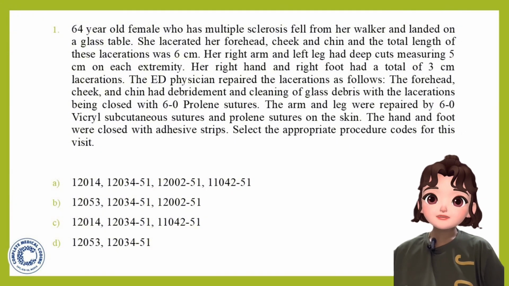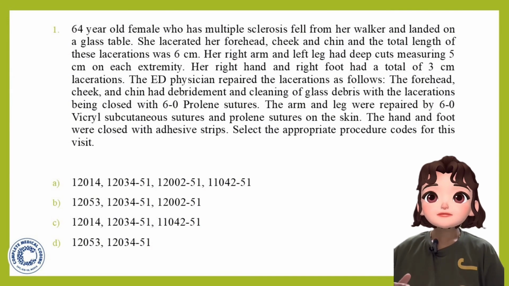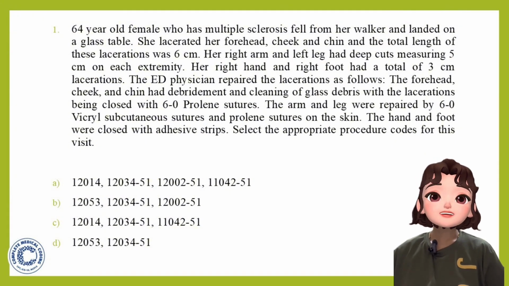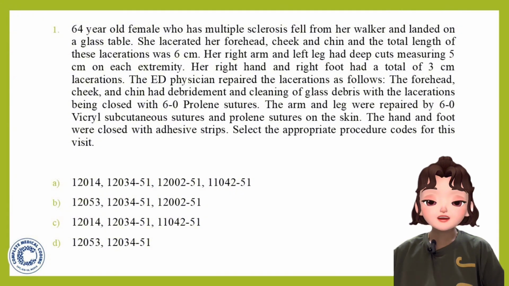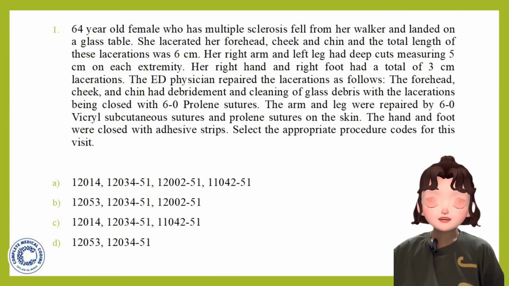So here we have to code for the laceration. As mentioned, the size and everything is mentioned in the question. The right arm and left leg had deep cuts measuring 5 cm on each extremity, so the right arm is 5 cm and the left leg is 5 cm. Anyway, let's check the CPT codes one by one.